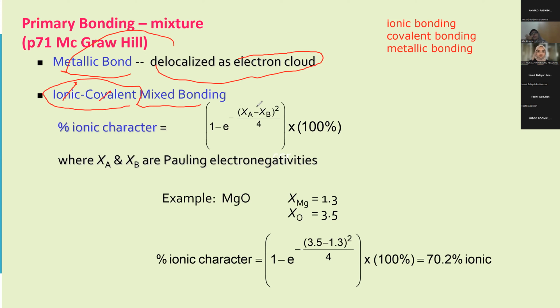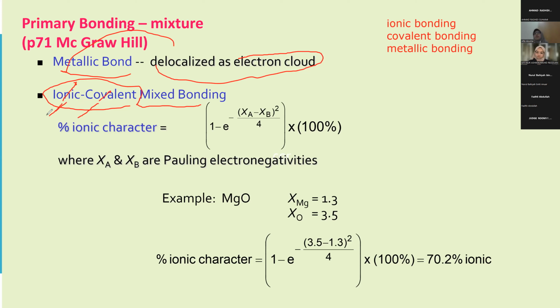It means the material has two characters, ionic character and covalent character. Actually, all materials have mixed bonding. If you do some research, you can measure how much ionic character and how many percent covalent character. All materials have ionic or covalent properties.